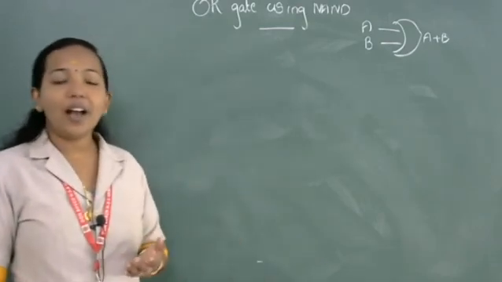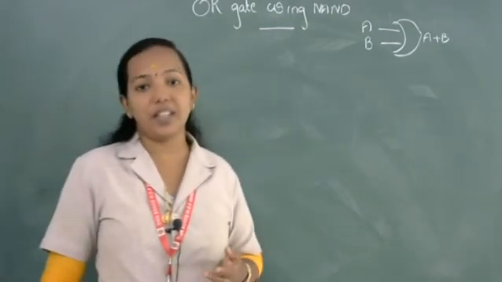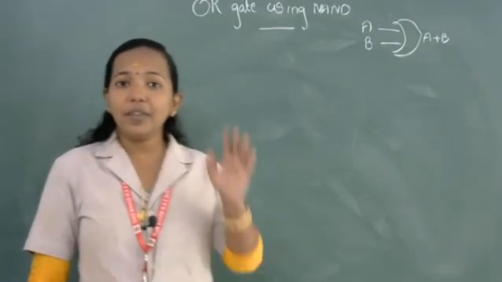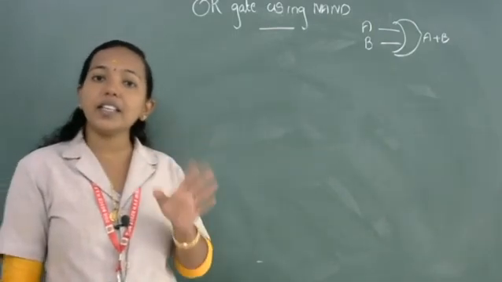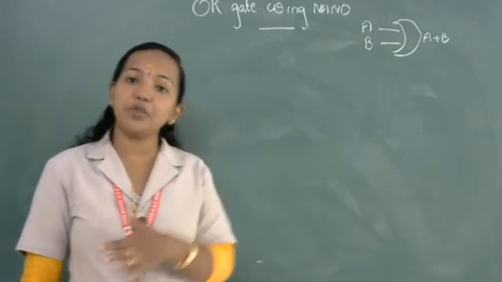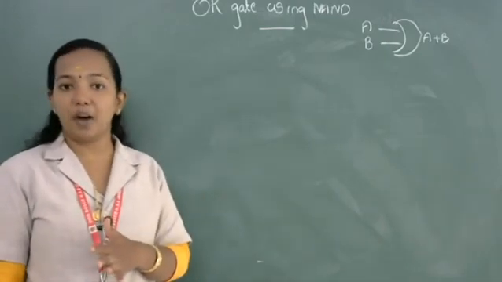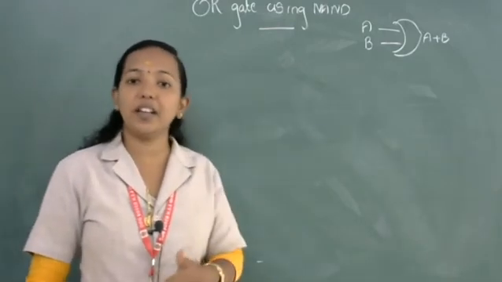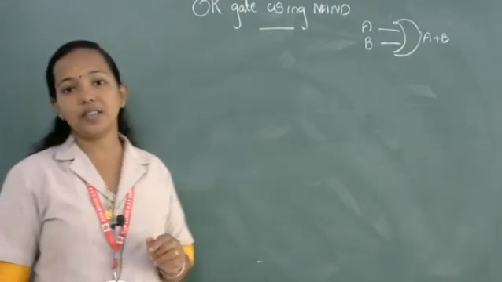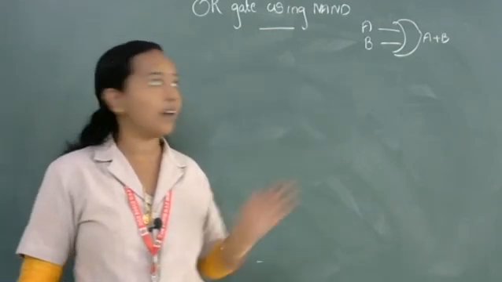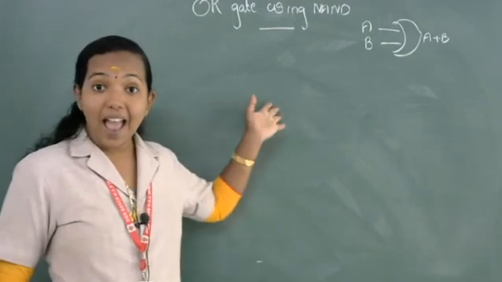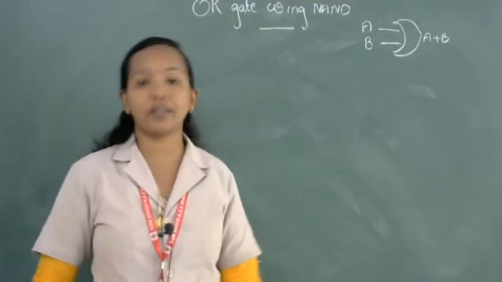So you know, according to De Morgan's first theorem, we are converting complementary sum of two Boolean variables into product of their individual complements. Second theorem, complementary product we are converting into sum. So we can use De Morgan's first or second theorem in this expression to convert AND into OR.